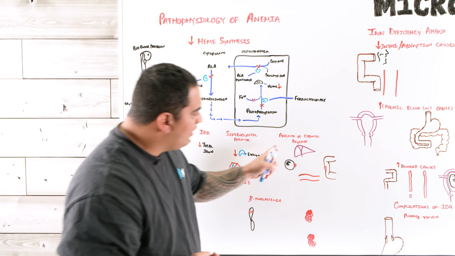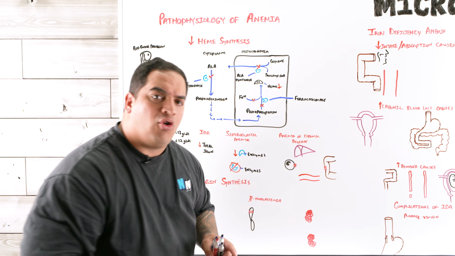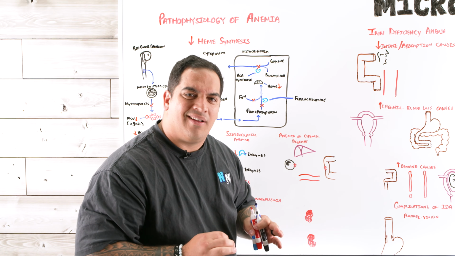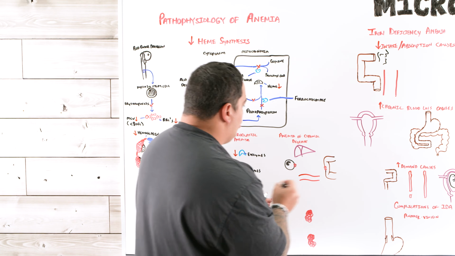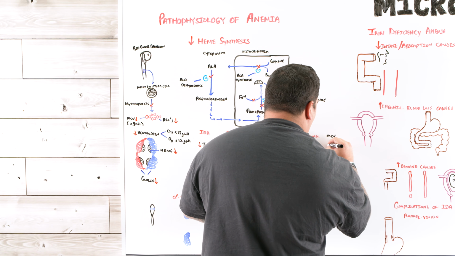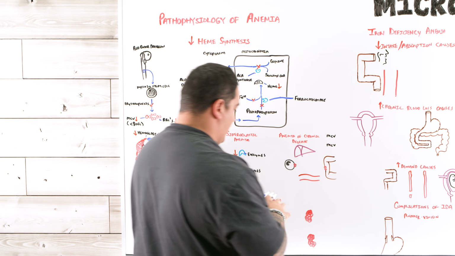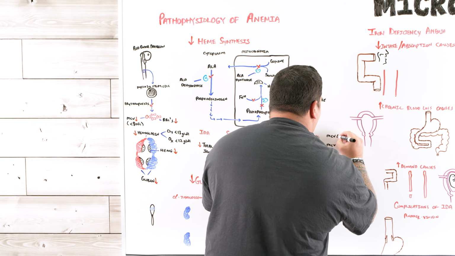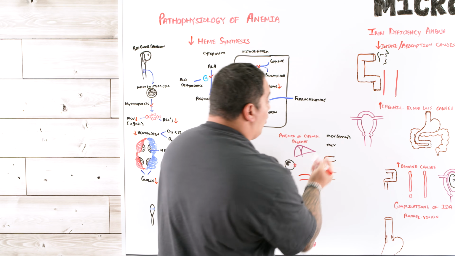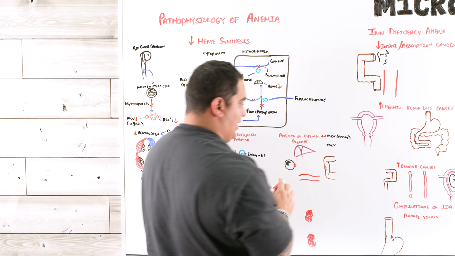Now, the last one here is anemia of chronic disease. Anemia of chronic disease is a little bit weird, especially in the later stages. Usually anemia of chronic disease can actually have a normal MCV in the early stages of this disease. So we call this normocytic anemia.